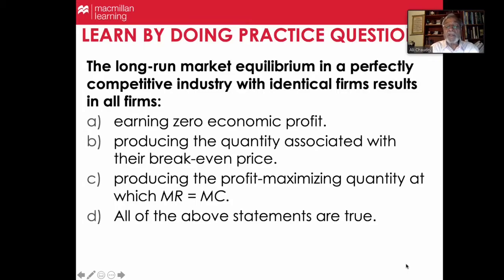C, reducing the profit maximizing quantity, where marginal revenue is equal to marginal cost. That is our fundamental principle of profit maximizing. Businesses will continue to increase their level of output to a point where their marginal revenue is equal to marginal cost. So all of these statements are true in this case.